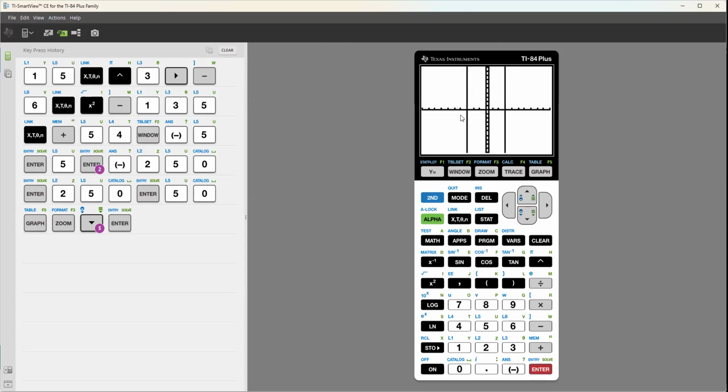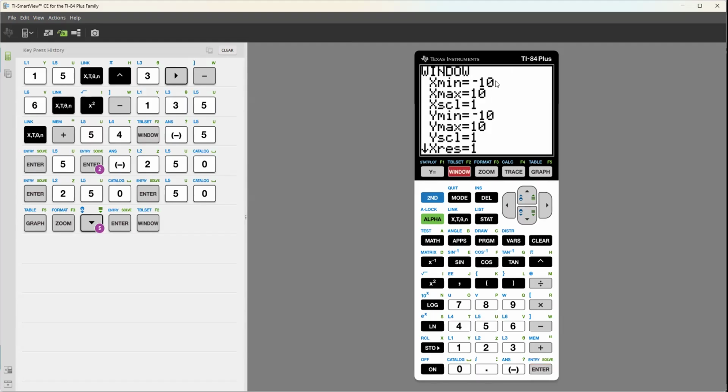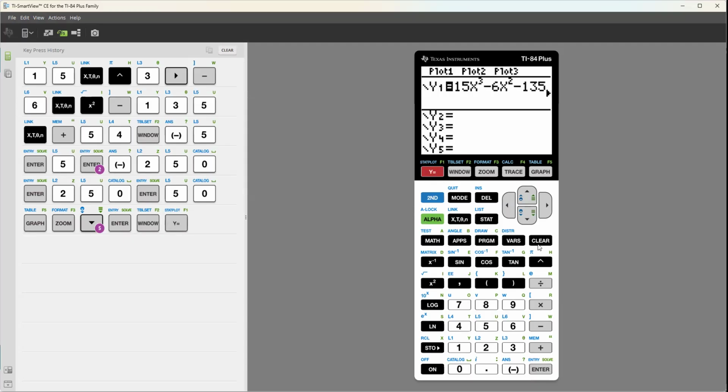Now, you can't tell what this graph looks like at a 10 by 10. But that's how you set the window back to a normal 10 by 10 window, okay? And if you go back to the window button, look at that. Everything's set at negative 10, 10, 1, negative 10, 10, 1, okay? Just remember on this one, use their window of negative 5 to 5 and then negative 250 to 250.